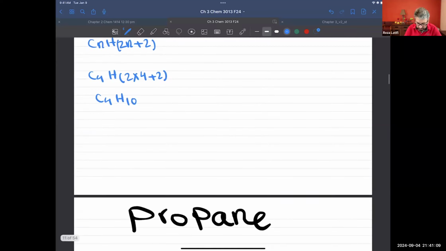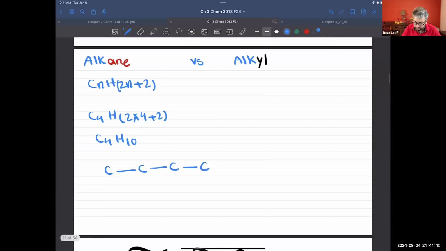Okay, we have a carbon that is attached to 4 carbons. Each carbon is going to have at least 2 hydrogens, and the terminal ones will have 3 hydrogens.